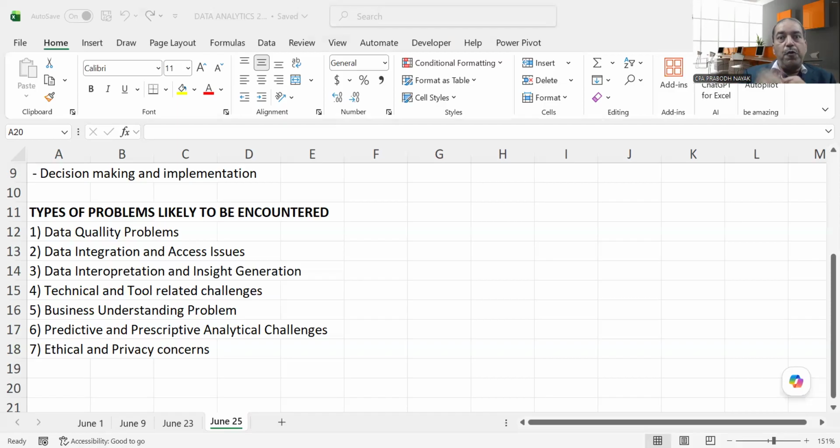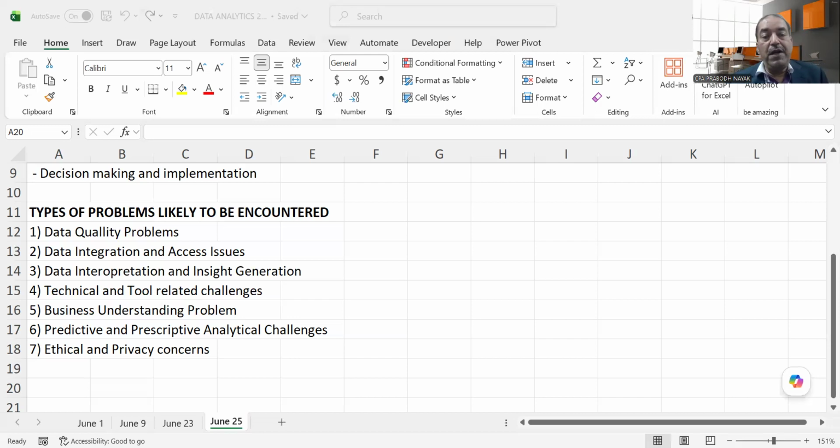For example, I downloaded an insurance policy, but after downloading it is not opening. It is asking for a password. So access restrictions to relevant data because of security concerns, privacy concerns, lack of real-time data availability. I don't have as of now the current figure for the number of people affected by that Ebola virus. I may not have the real-time data. I can tell you the data till last week. So real-time data is not available. Okay, so that is data integration and data access issues.